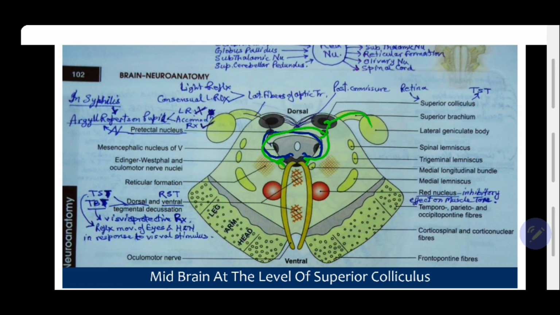The cerebellar fibers also reach the red nucleus through the superior cerebellar peduncles.